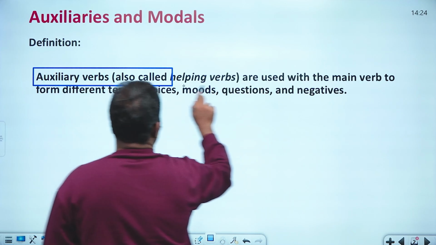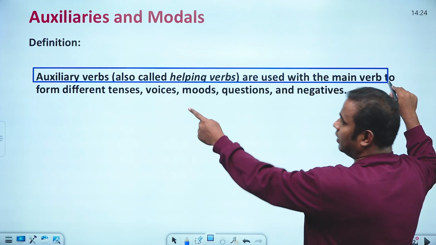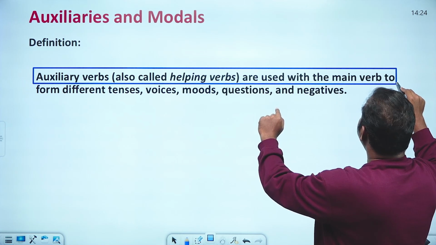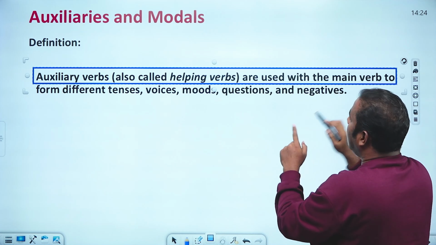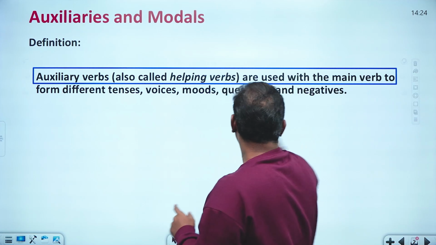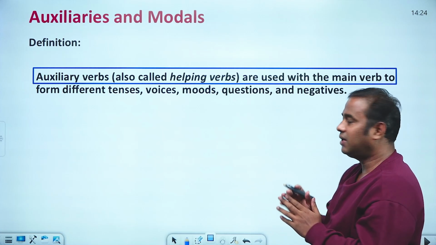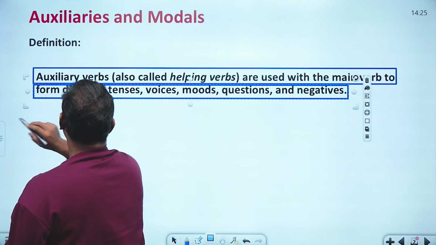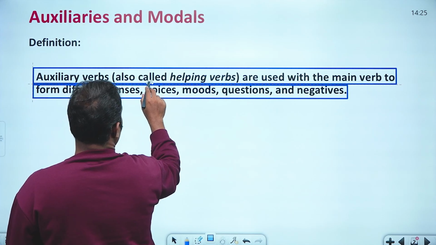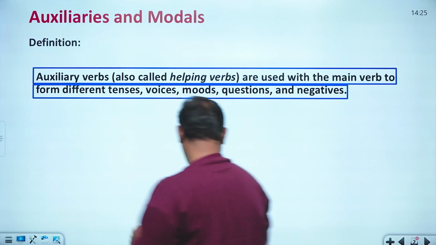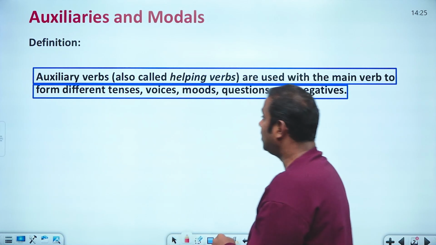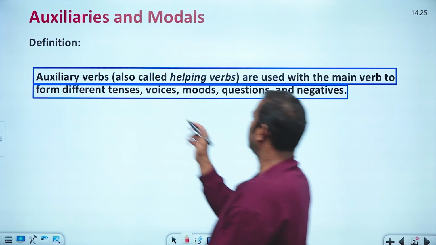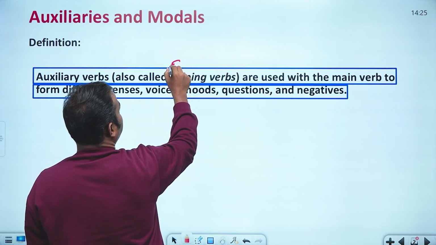Auxiliary verbs are also verbs. Auxiliary verbs are used with the main verb. What is the basic meaning here? The auxiliary verbs are also called helping verbs.